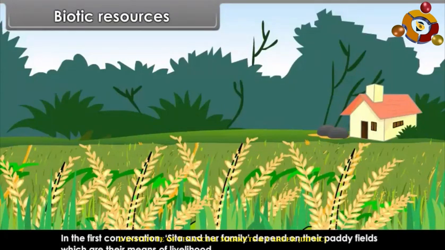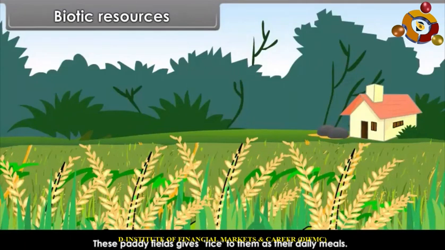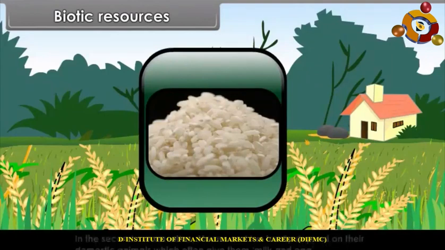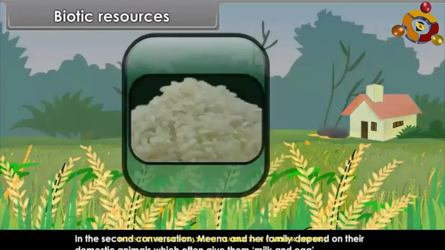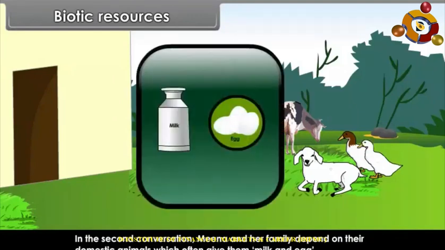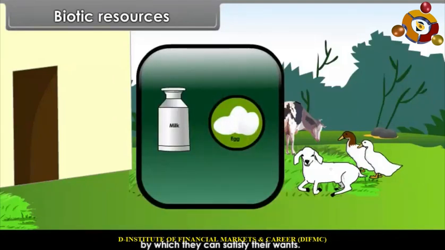In the first conversation, Sita and her family depend on their paddy fields, which are their means of livelihood. These paddy fields give rice to them as their daily meals. In the second conversation, Meena and her family depend on their domestic animals, which often give them milk and egg, by which they can satisfy their wants.